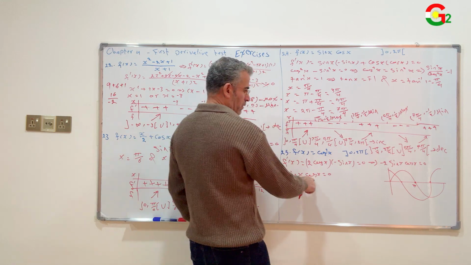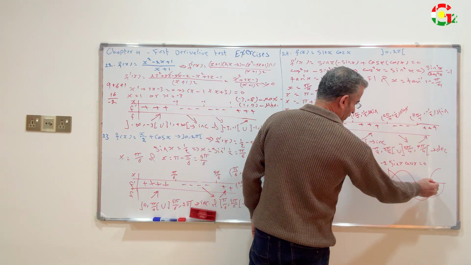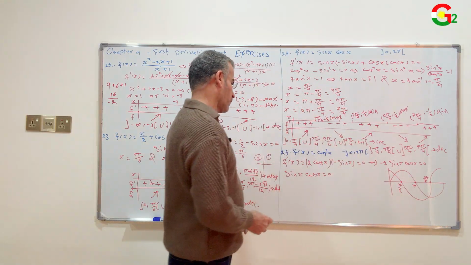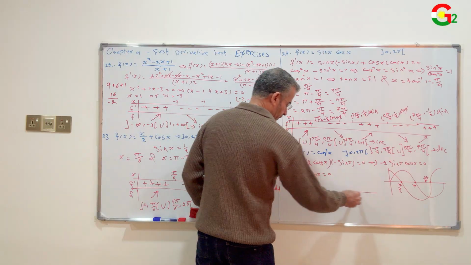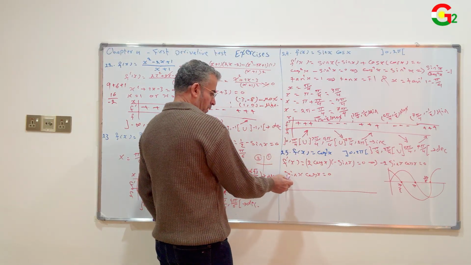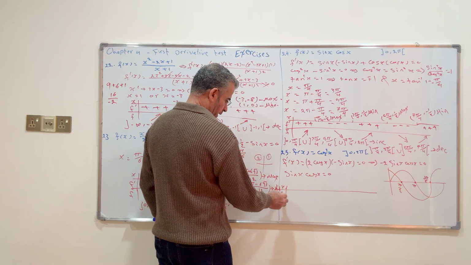The values that make cosine 0 are pi over 2 and 3 pi over 2. Therefore, we have 3 critical points that make sine and cosine 0 in the interval 0 to 2 pi.